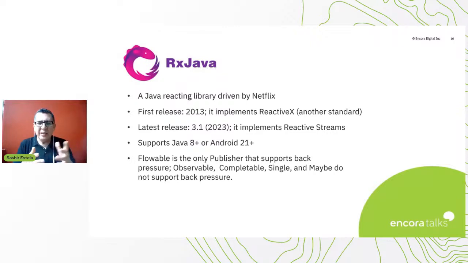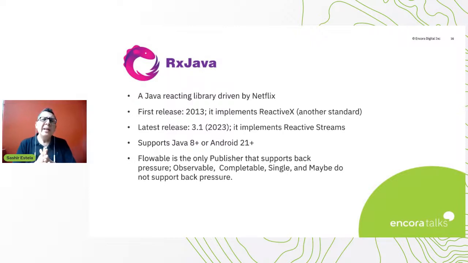But the last release in 2023 implements Reactive Streams. Okay, RxJava supports Java 8 and plus or Android 21 and plus. RxJava is the main library used in the Android world for handling reactive programming.